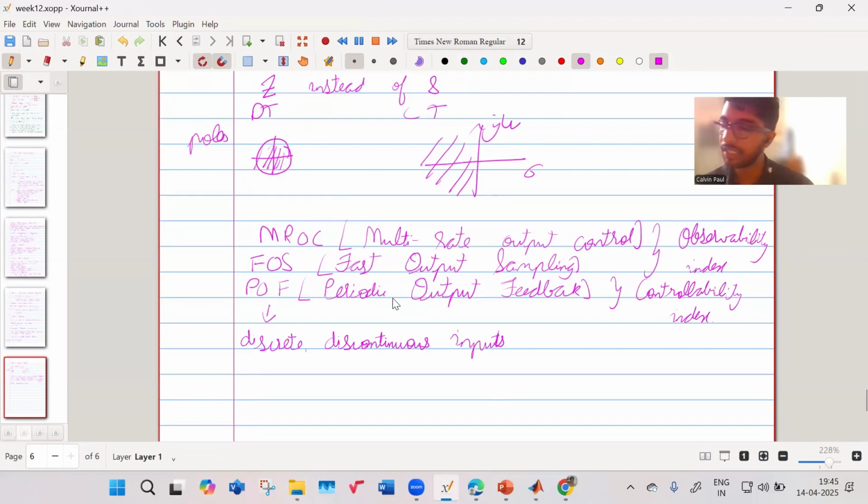Fast output sampling is a subset of multi-rate output control. Okay, so these are various different advanced control techniques. In fast output sampling, we cannot place the pole at the origin. There are certain other constraints which are there.